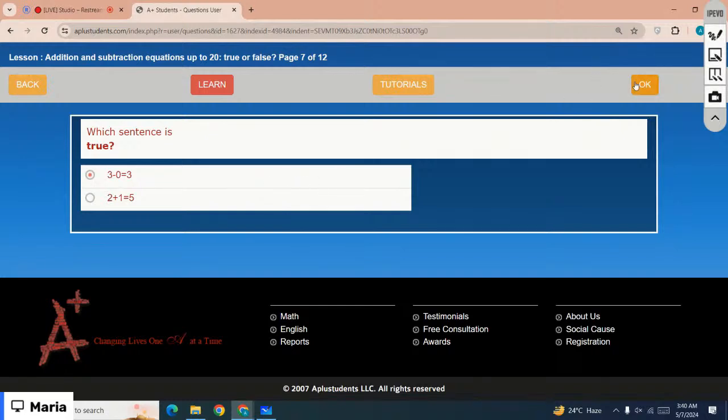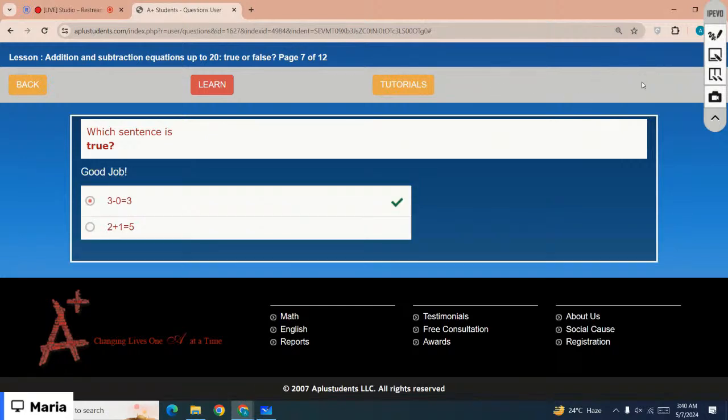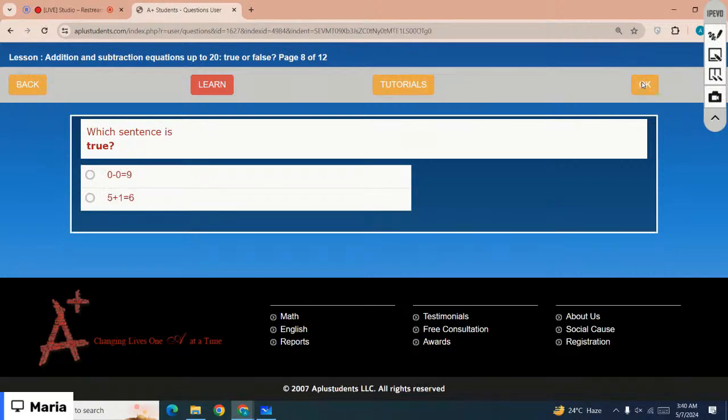Option number 1 is the correct option. Which sentence is true? 0 take away 0 is 9 or 5 plus 1 equals 6.